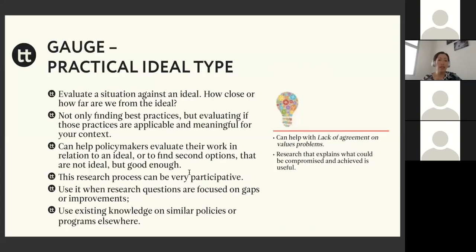What they do is set up a practical ideal, so where we want to be, and then with evidence we show where we are, and we understand the gap, right? The gap between where we are and where we would want to be. This is useful for policymakers to understand where they stand, and also to have an idea of where to go, right? Because maybe policymakers don't necessarily understand specifically the problem, so these can help us in that way.